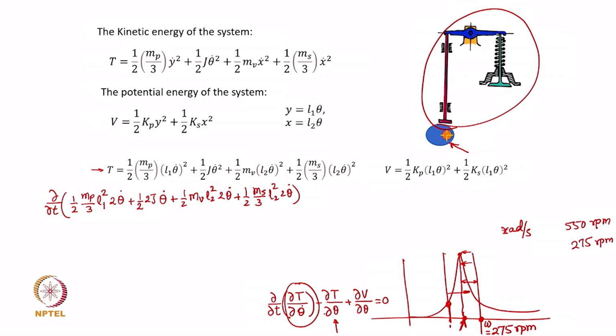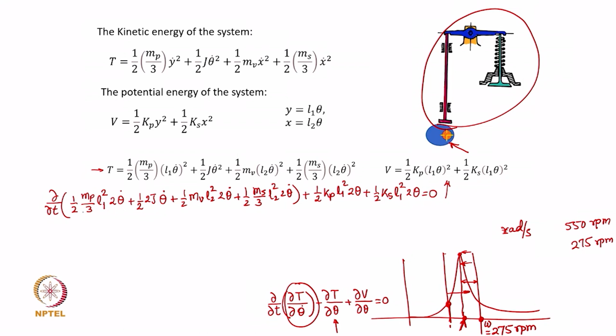So, this value is going to be 0 for this case, and plus ∂V/∂θ, which means that you find out what is the derivative of this with respect to θ, and then of course, I can get this as half kp L1 square 2 θ, okay, and plus half ks L1 square 2 θ equal to 0.